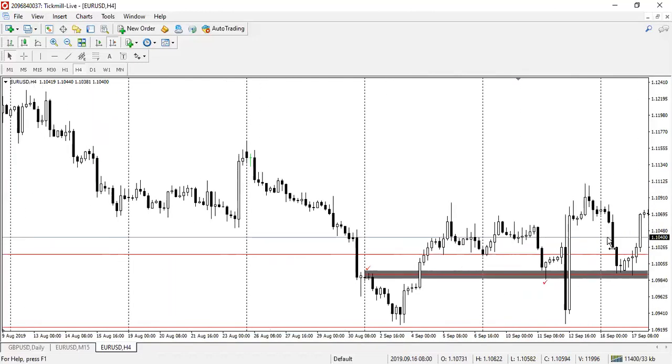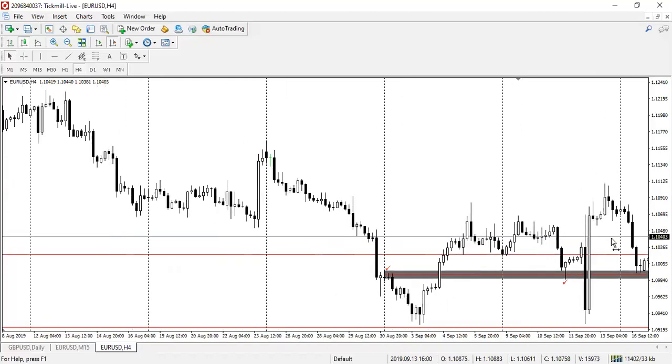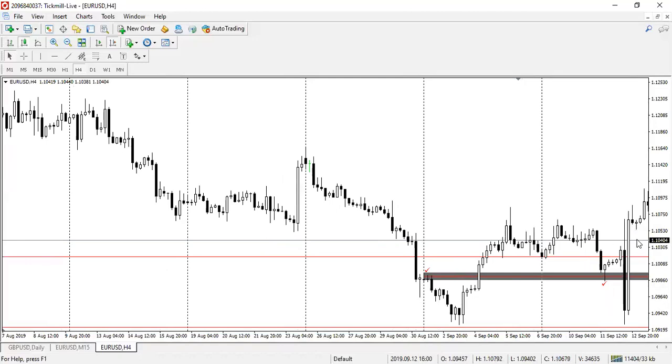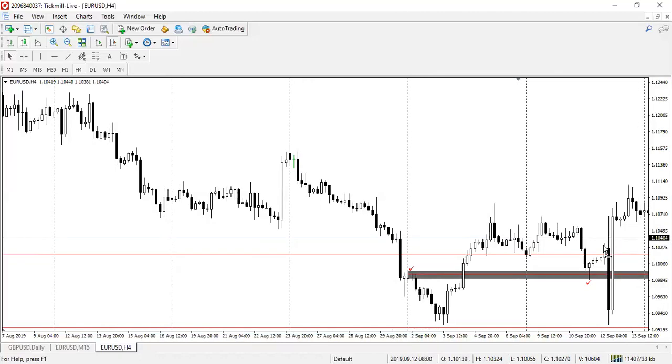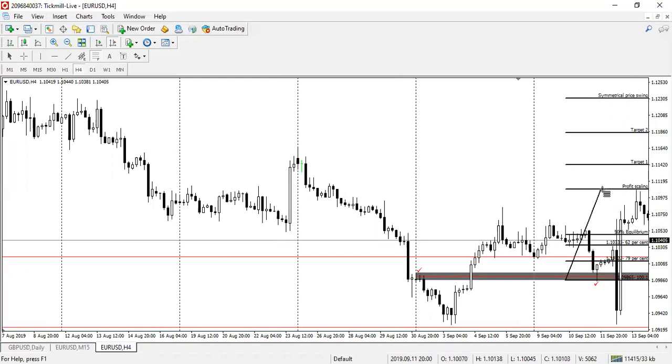And another thing which I really like is that if price comes this far, if I use my Fibonacci tool and draw it from this zone, from here up to here, this order block will be lying within an optimal trade entry area.